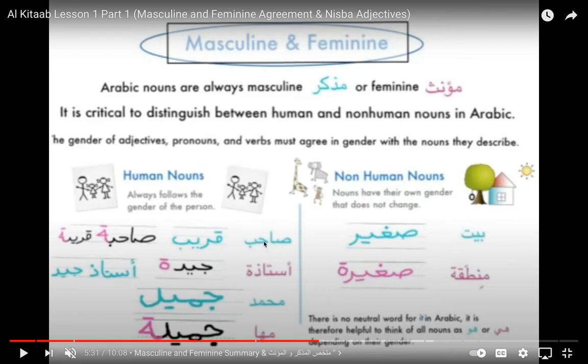Now some people will ask, okay, here we are talking about jobs, because sahib, sahiba, it's like a description of a friend. Then we have ustad, ustada. How about if we talk about a proper noun? Yes, we can. So here you have Muhammad. We know that it's a proper noun for a male person. Because it's masculine singular, the adjective must follow it. So we say Muhammadun Jamil. Muhammad is a name for a male person.